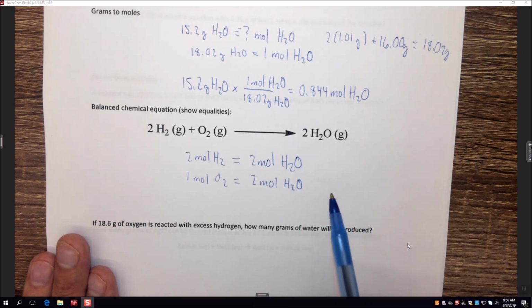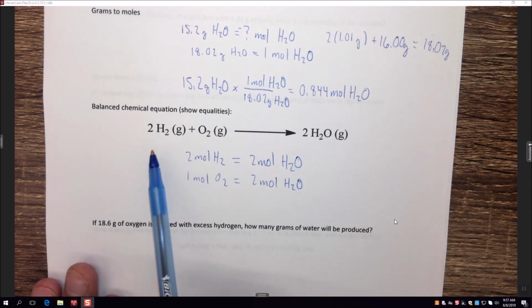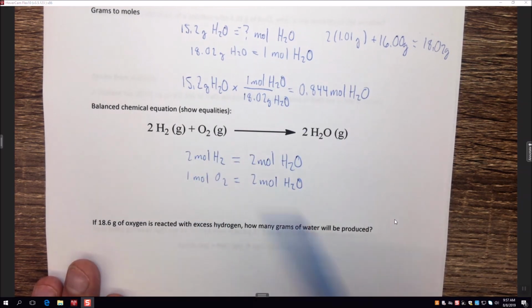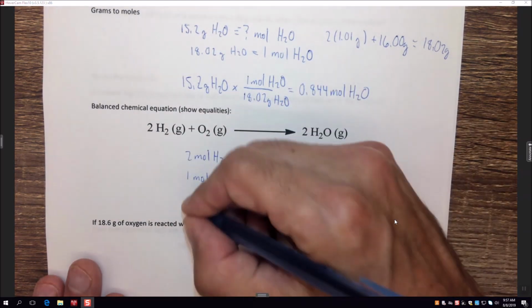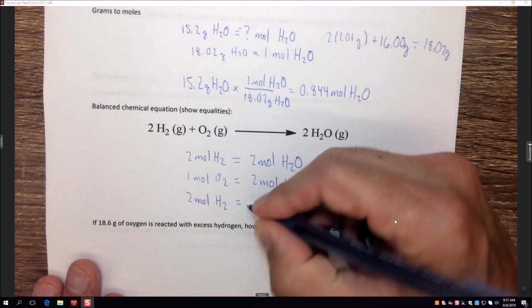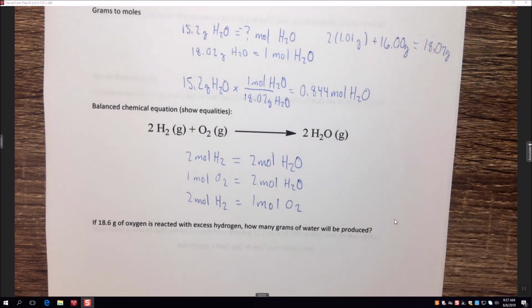And you can also do this backwards. I could figure out if I had hydrogen and I wanted to react it with oxygen, what is that equality? Well, this equation says that 2 moles of hydrogen requires 1 mole of oxygen to react.